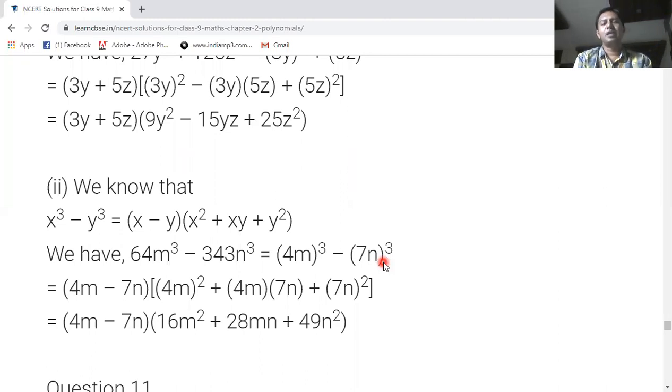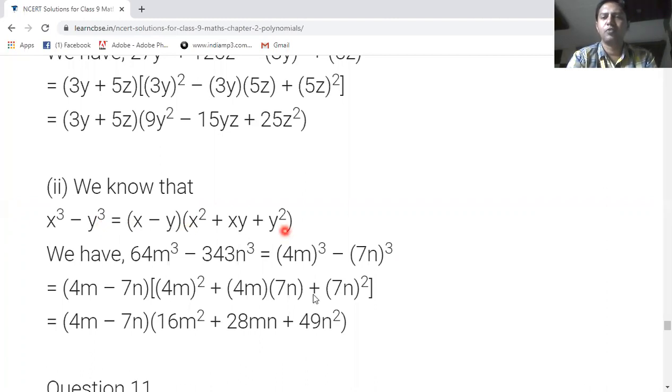So we apply the identity of a cube minus b cube, not (a minus b) whole cube. Point to be noted: a cube minus b cube is equal to (a minus b)(a square plus ab plus b square). So the value of x is 4m, the value of y is 7n. We'll apply the identity x cube minus y cube is equal to (x minus y)(x square plus xy plus y square).